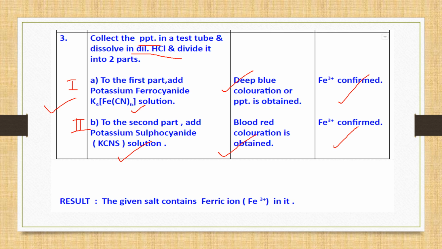It's not practically possible. This is the reason that we say these do not come under the scope of chemical kinetics. And the result would be that the given salt contains ferric ion Fe3+ in it.